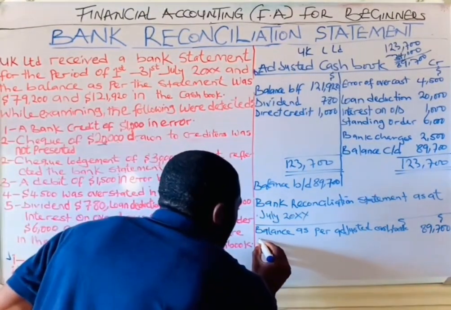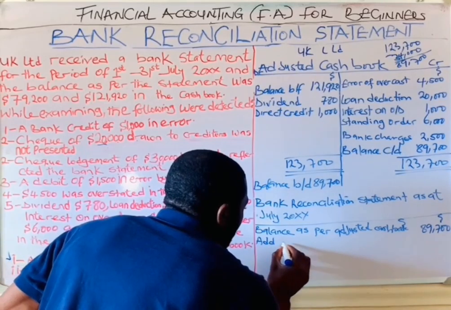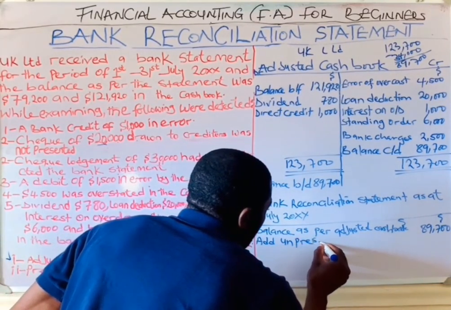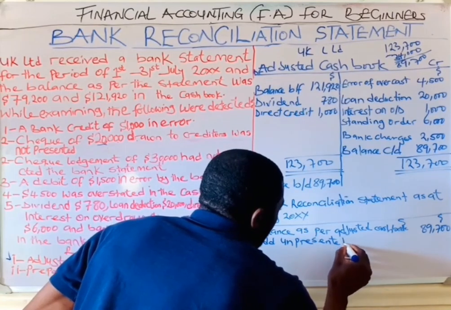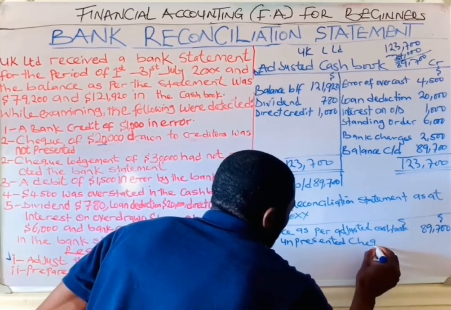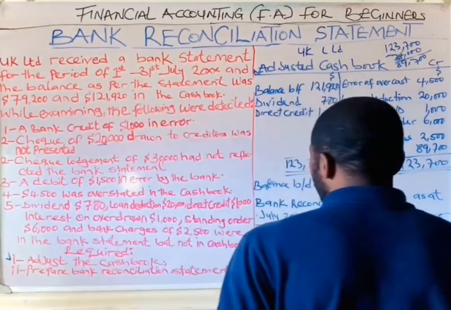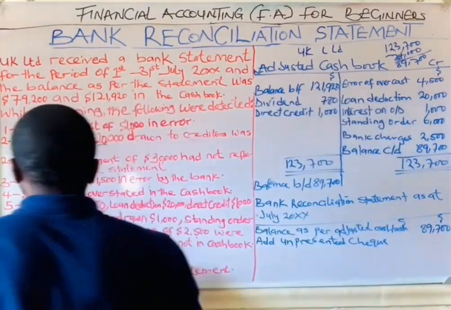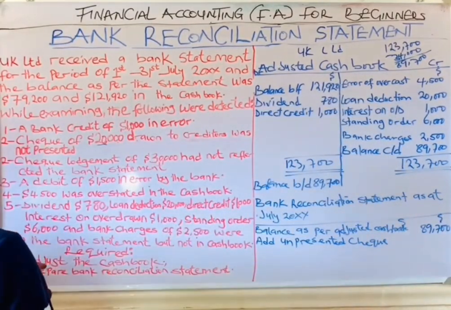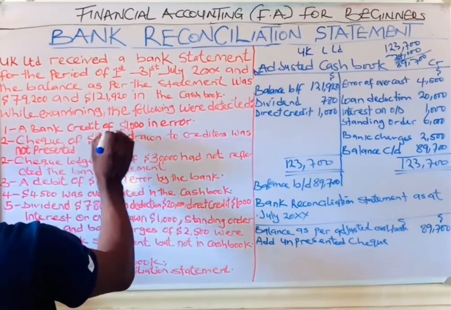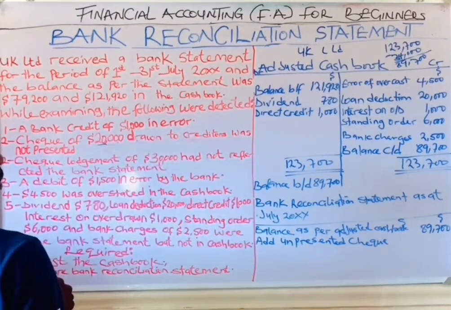Say, add unpresented cheque, and the cheque is 1. We only have one unpresented cheque. But we have a wrong credit. So this is our wrong credit. Credit in error, 1,000.